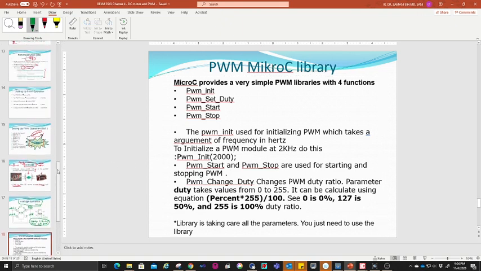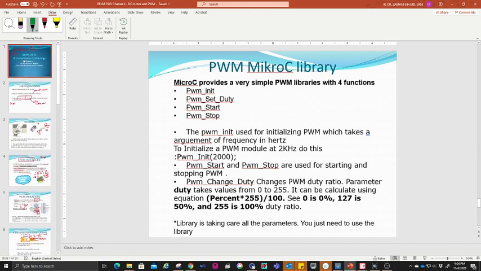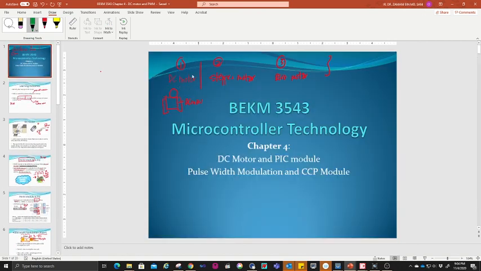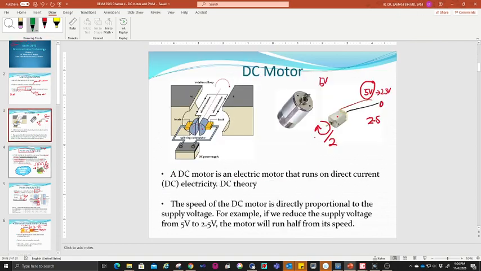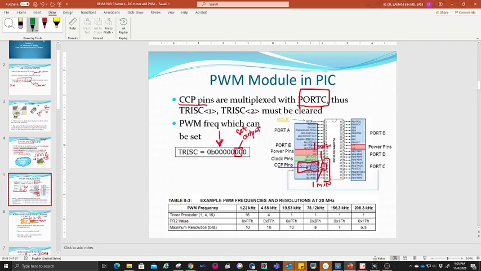So to recap this lecture, you have the concept of the DC motor and how to control it. The pins related are called CCP modules. There are 2 in the PIC16F, which are CCP1 and CCP2. These pins are the ones that give you the PWM signal. If you want to use them, you have to set your TRISC port for these 2 pins as output.